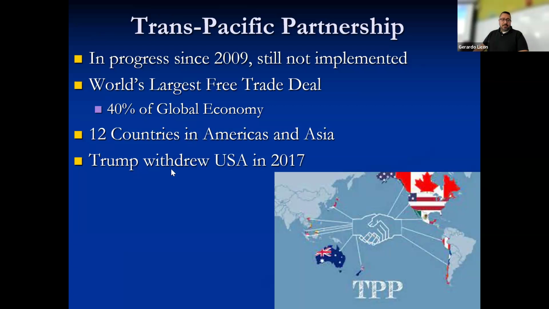But then Trump, in his first administration, withdrew the United States from the TPP in 2017. And as you are aware, our relationship with China has continued to diminish or worsen. So there's even less possibility for the US to be part of the Trans-Pacific Partnership that was in the works prior to that.